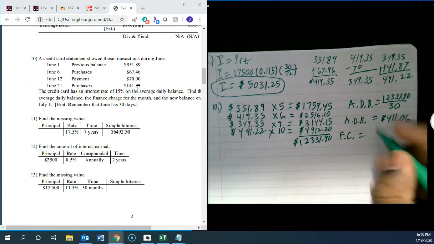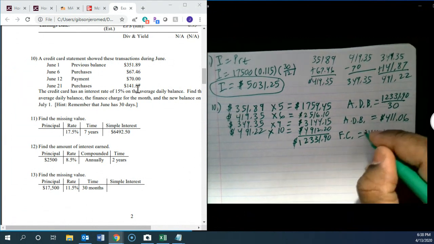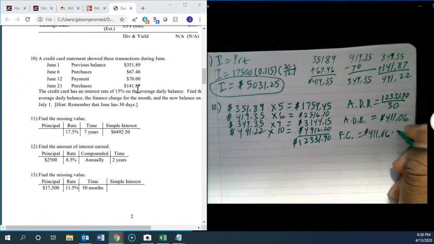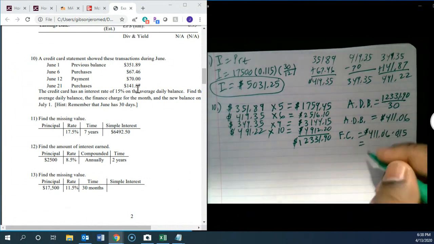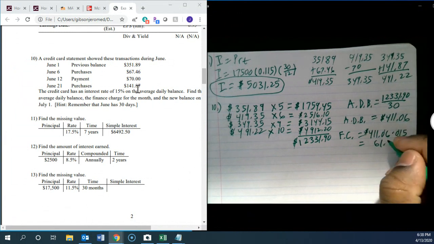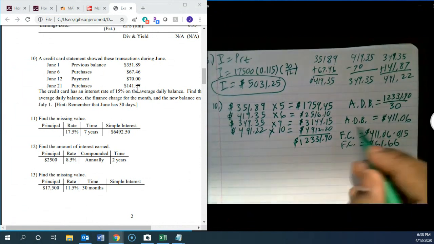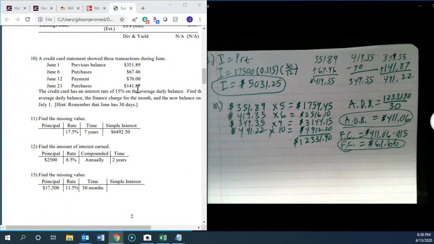So the finance charge will be the $411.06 multiplied by, it says a rate of 15%, so it'd be times 0.15. So when we multiply that, that will give us $61.66. So this is our finance charge. Now, I'm going to circle this to let us know that these are our answers here.